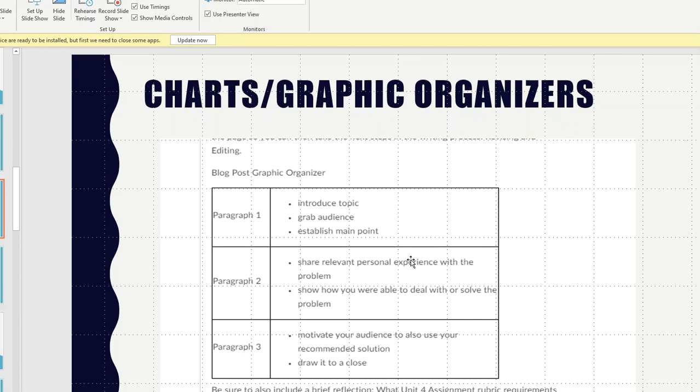So we want them to have good drafts, so maybe use this graphic organizer to see if that doesn't work. And you'll see them throughout the course. There's one in Unit 2, there's one in Unit 5 and 7, for example. So hopefully students will use this, and it will make the discussion board process a little bit easier for them, and hopefully we will motivate them all to post by Saturday.